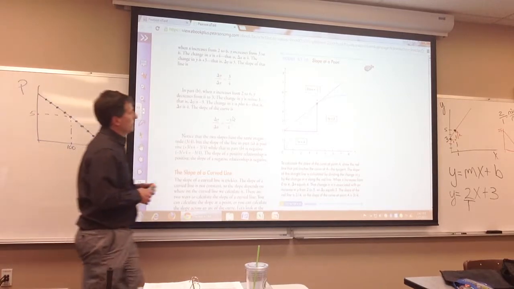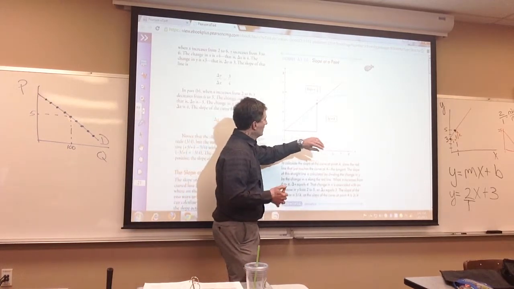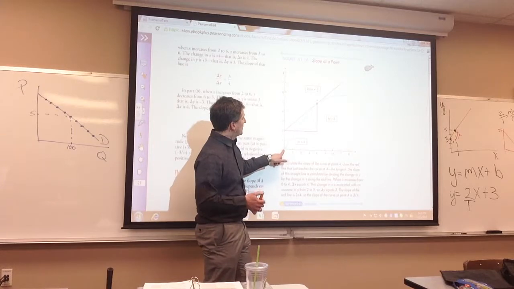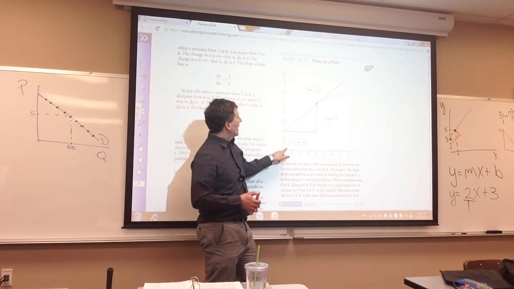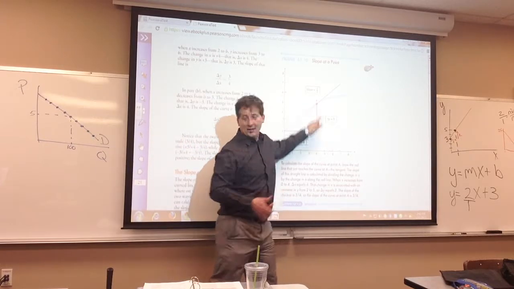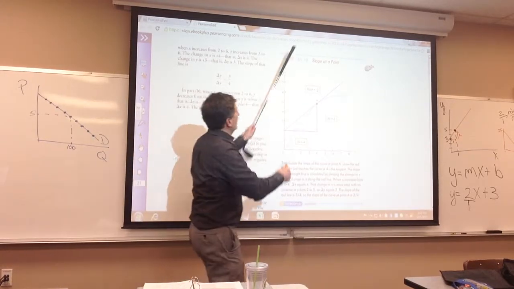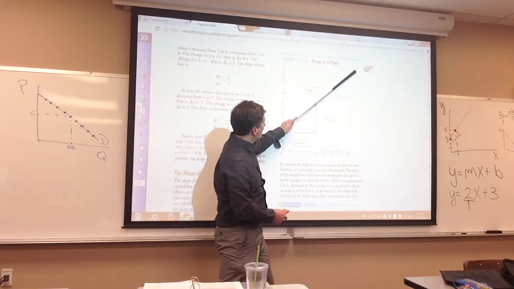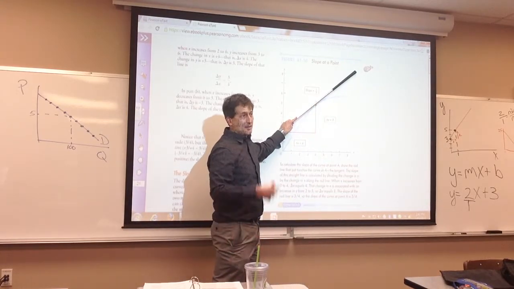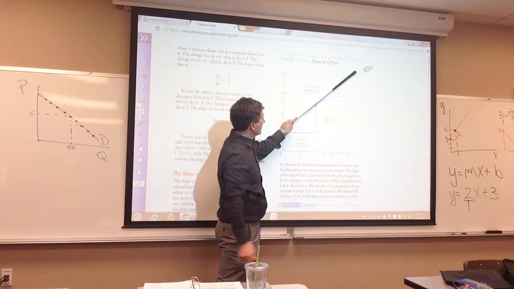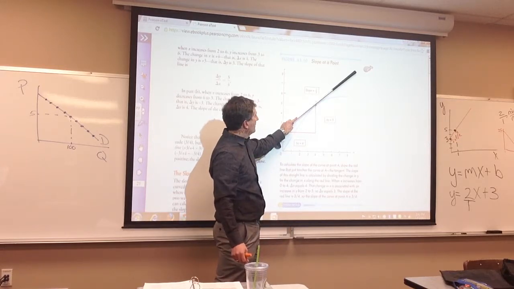This is what we just did with the tangent line earlier. So here's the curve, and at point A is a tangent line to the curve at that point. And that is the slope of the curve at that point.